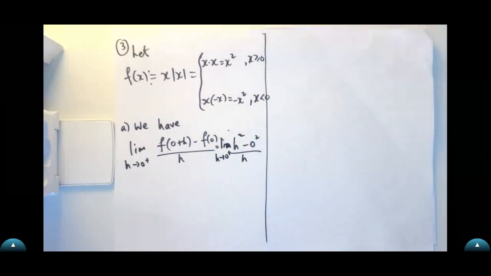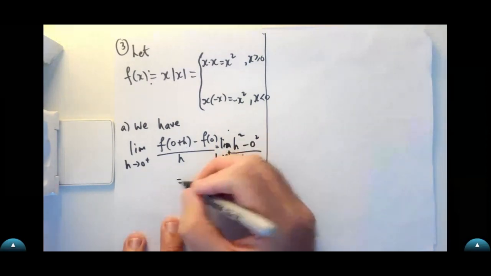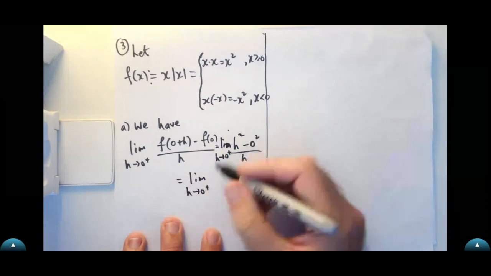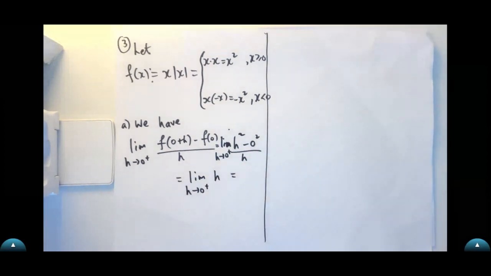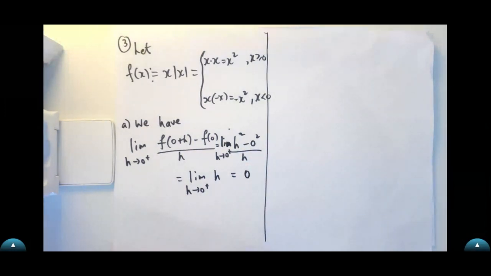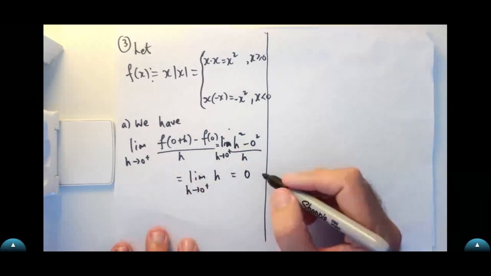There, I've just squeezed that in. Okay, so we can cancel off the h's, and it's pretty easy. So the limit, as we already know, is going to be 0. Okay, so the limit does exist, and it's equal to 0 from the right.